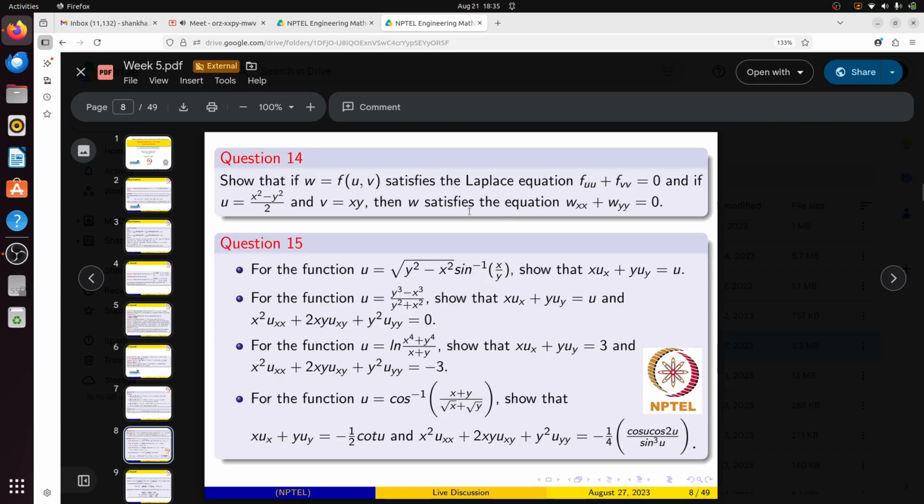So w is a function of u comma v, it satisfies Laplace equation, and therefore if you use the coordinate transformation x square minus y square by 2 and xy, then the resulting function will also be Laplace in the reduced coordinates also. So that is the main idea, that this type of coordinate transformation makes the solution of Laplace equation remain a solution of a Laplace equation.